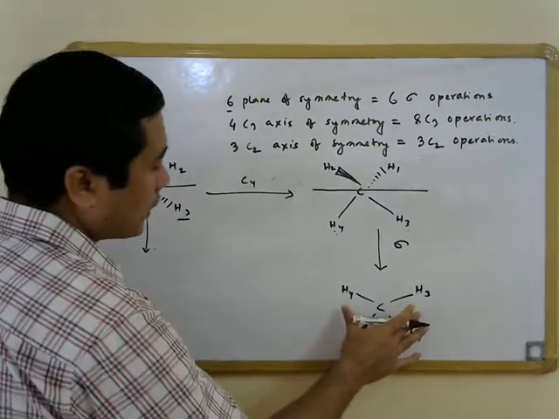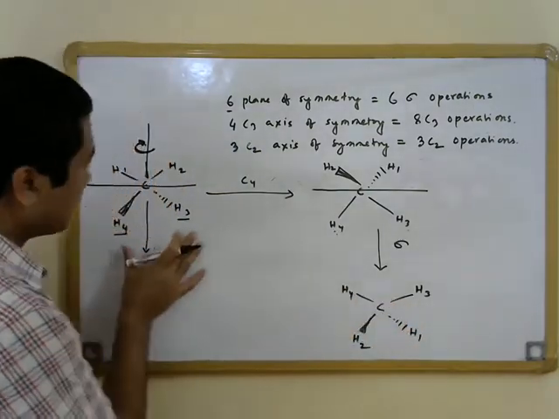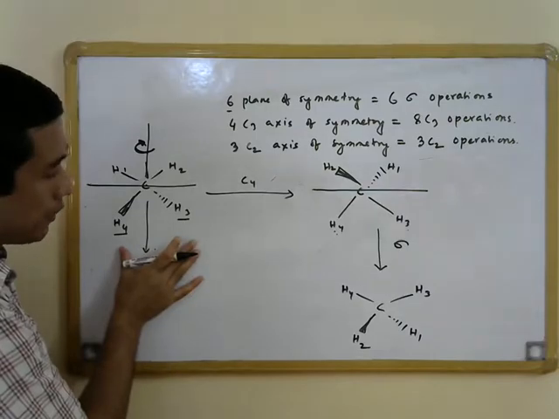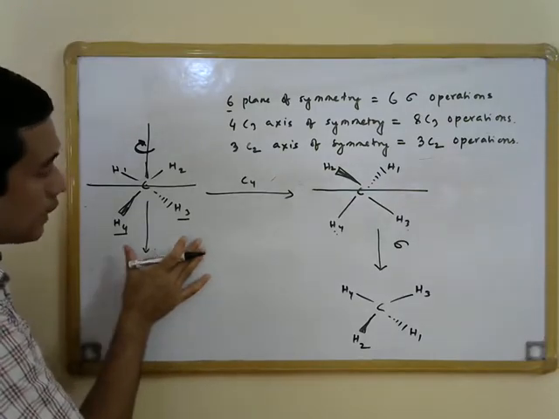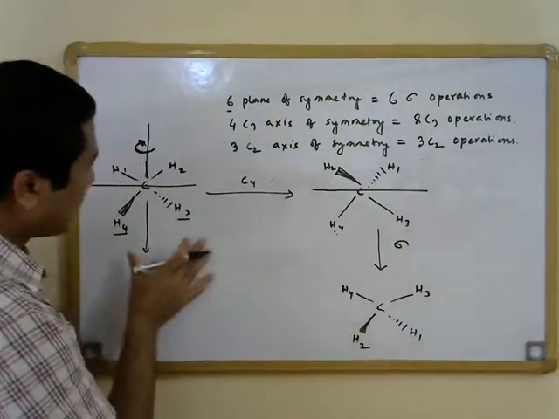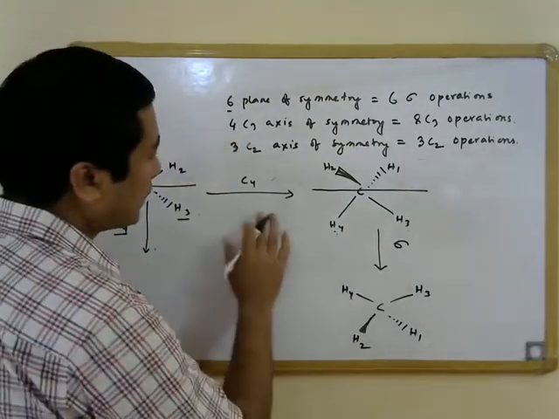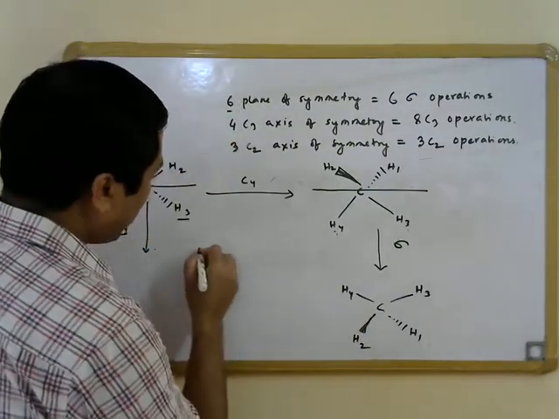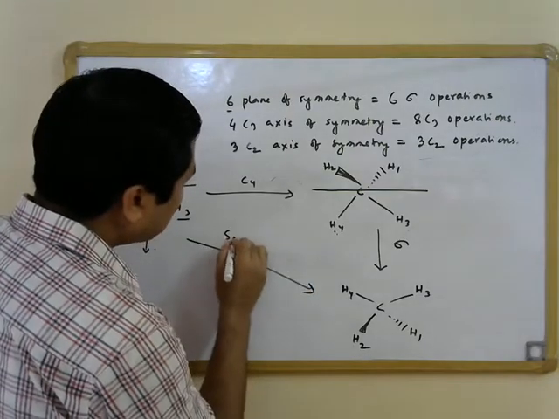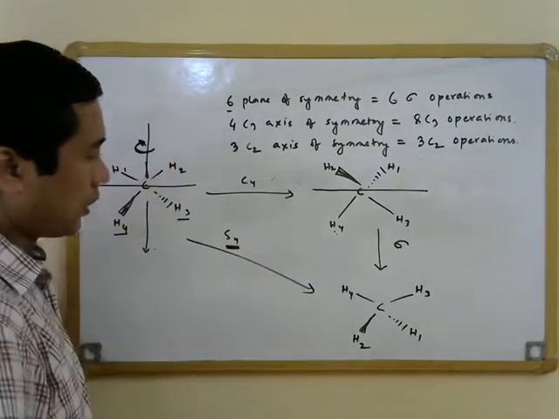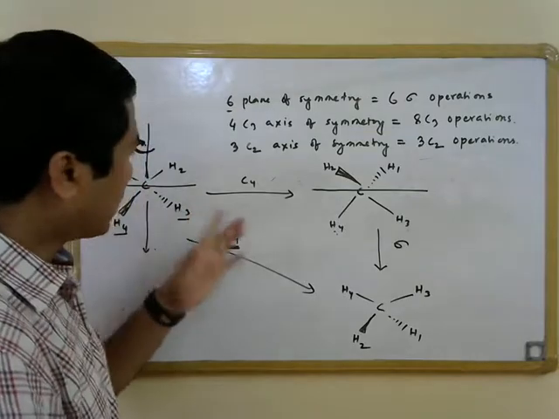Now if we compare this configuration with the initial configuration of the methane molecule, we will see that these are indistinguishable except for the labels of the hydrogen atoms. So what we have done is that we have performed an S4 symmetry operation in the case of the tetrahedron.